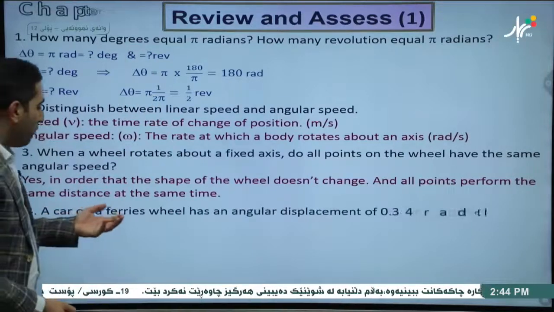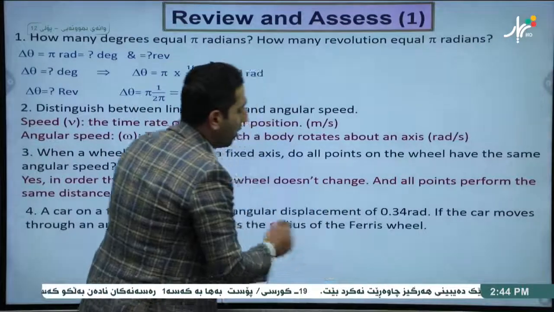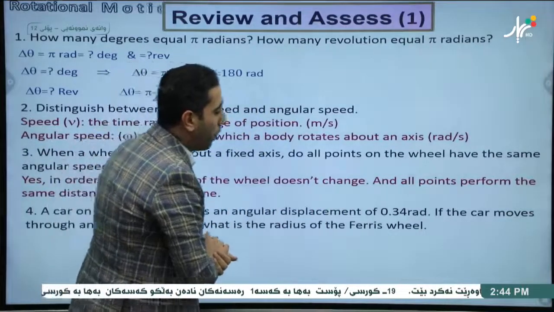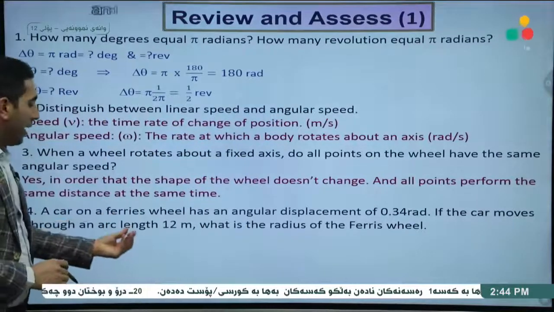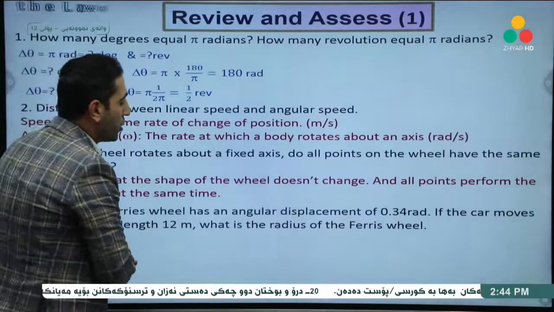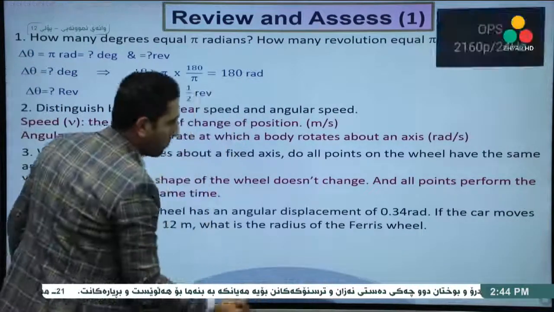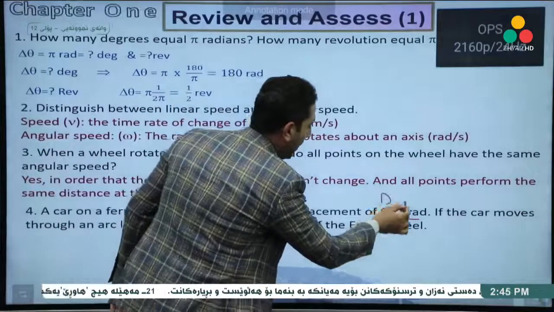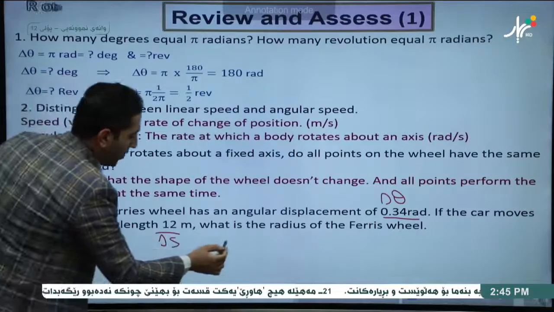A car's first wheel has an angular displacement of 0.34 rad. If the car moves through an arc length, this is delta S, what's the radius of the first wheel? This is the angular displacement and this is the arc length.